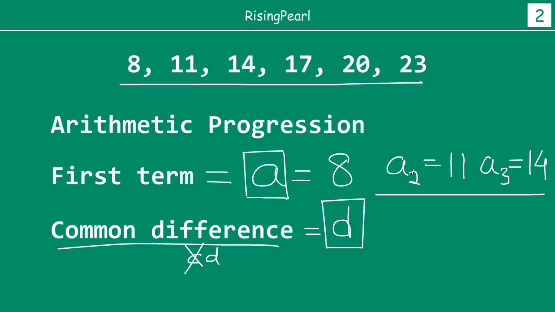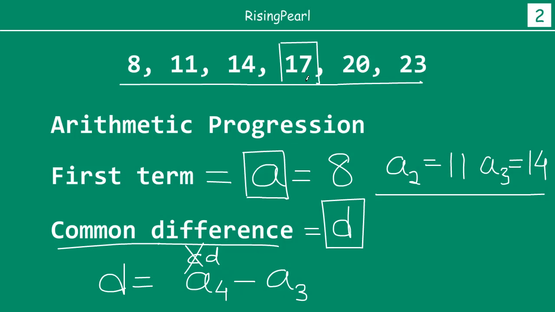So as we saw earlier, if we take any term, so let's say we take this term, the first, second, third, fourth term, the common difference is nothing but A4, the fourth term, minus A3, the third term.